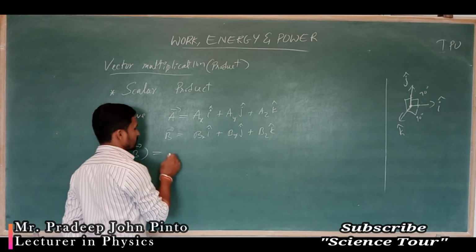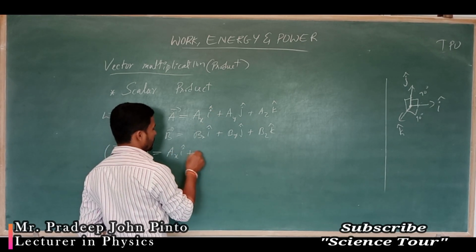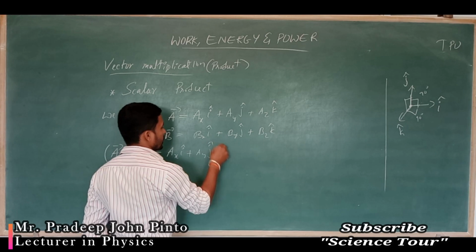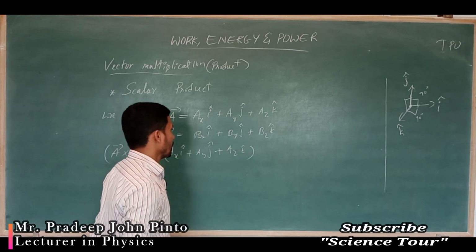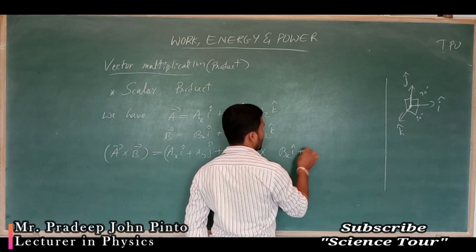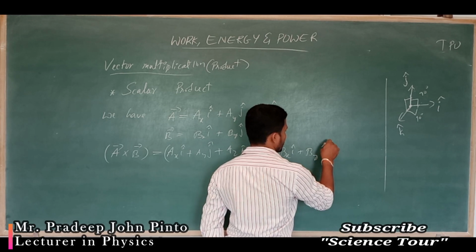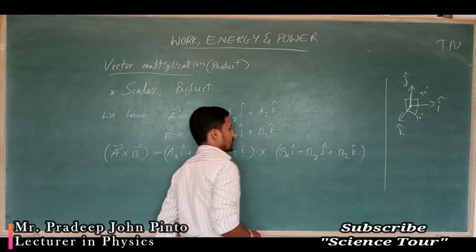A times B, which is equal to what you have to do? First you have to write down ax i cap plus ay j cap plus az k cap, multiplied with bx i cap plus by j cap plus bz k cap. Right?